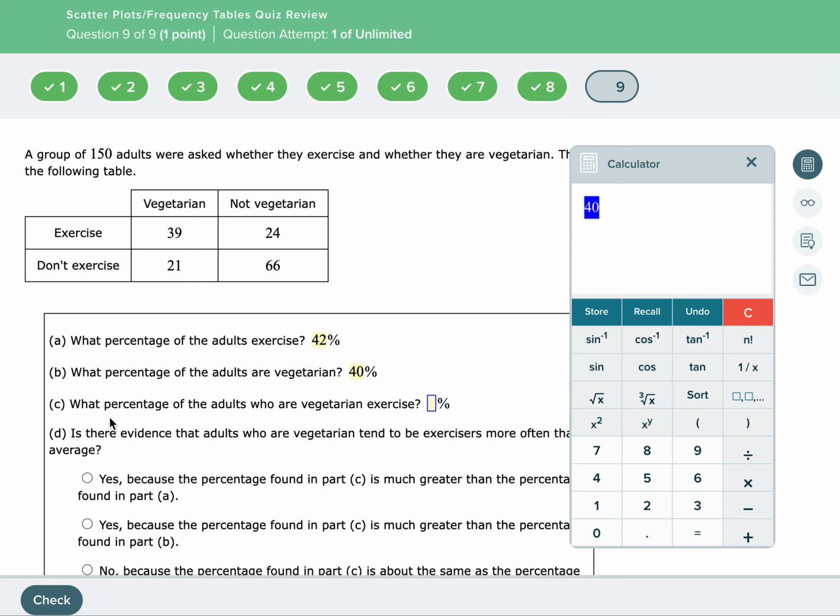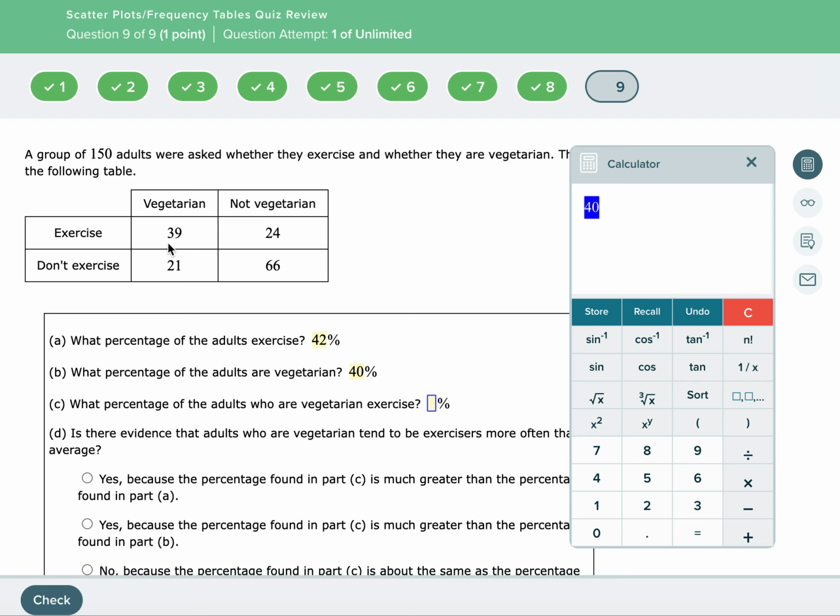Yeah, 40. Now, this is the one that gives people trouble, because you're not using the full sample size anymore. It says, what percentage of the adults who are vegetarian exercise? So they're saying only of the adults who are vegetarians. So that's just these people. What's the percentage of those people that exercise?